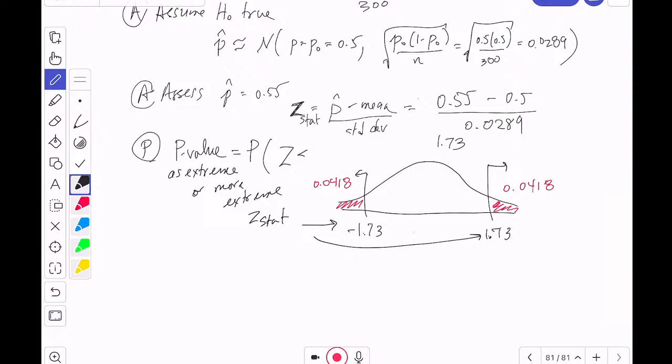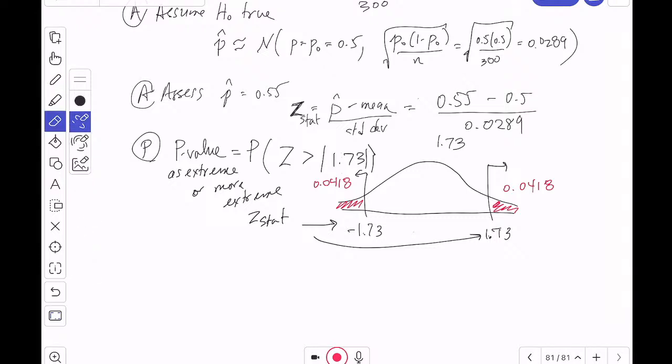I want to go outside of the positive and the negative. So I want to go, Z is in the tails. Let's see, fit it in better. But you don't have to write it.